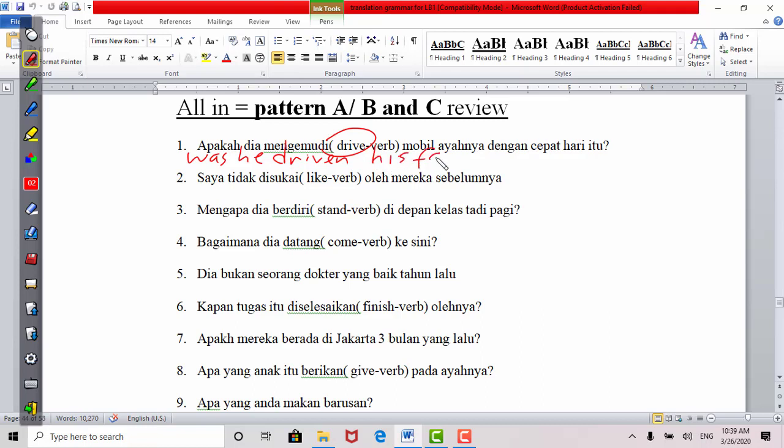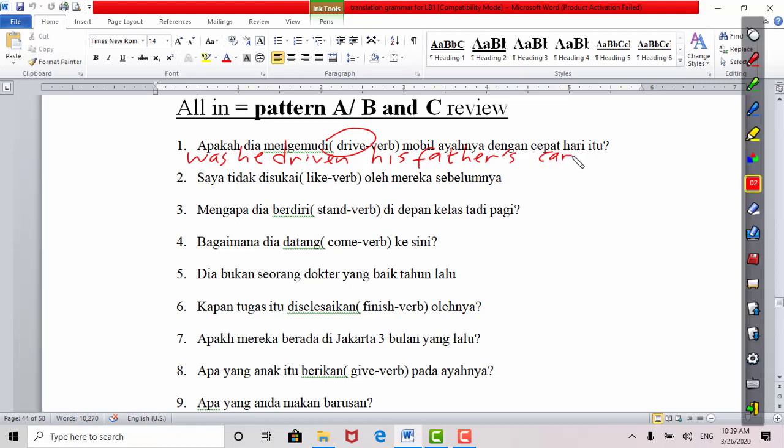his father's car quickly today. Okay. Number 2 is for number 1.